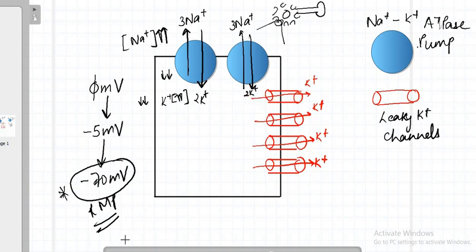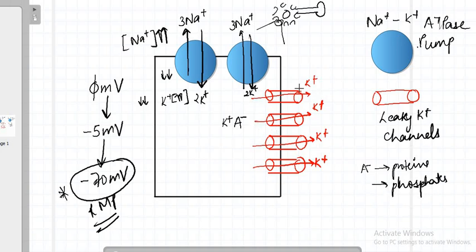Generally it is observed that K+ is paired with the anions which are present inside the cell. And remember, anions are made up of what? Proteins, amino acids, and phosphates. Now you will think, why don't these proteins also leave?